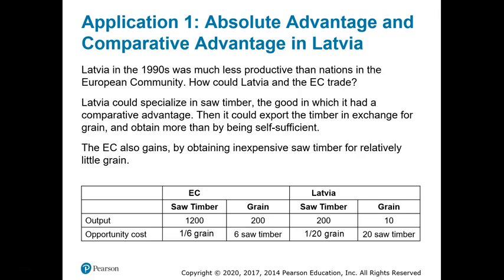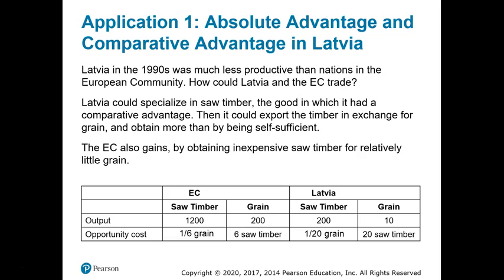We looked at the chart specifically. In the EC, the timber was 1,200 and the grain is 200. But in Latvia, it's less than that. They do timber at 200 and grain at 10. But if you look at the ratio, in the EC, it's 6 timber for every grain.